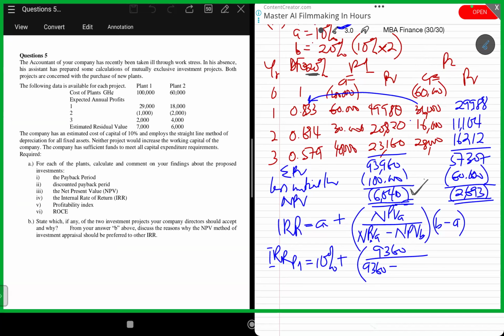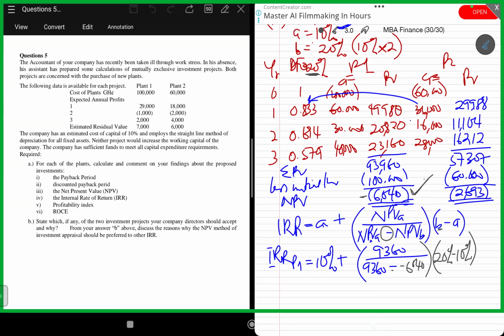Negative 6040. So already in the formula there is a negative. I repeated it here. Then I'll bring another negative because this one is negative. Negative 6040. What is B? 20. So 20% minus what is A? 10%.